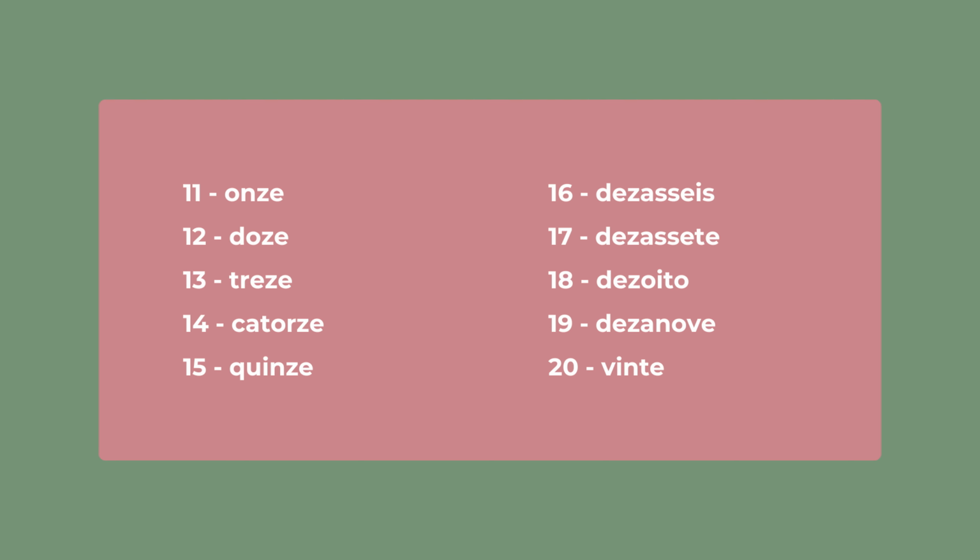And then we have onze for 11, doze for 12, treze for 13, catorze for 14, quinze for 15, dezasseis for 16, dezassete for 17, dezoito for 18, dezanove for 19, and vinte for 20.